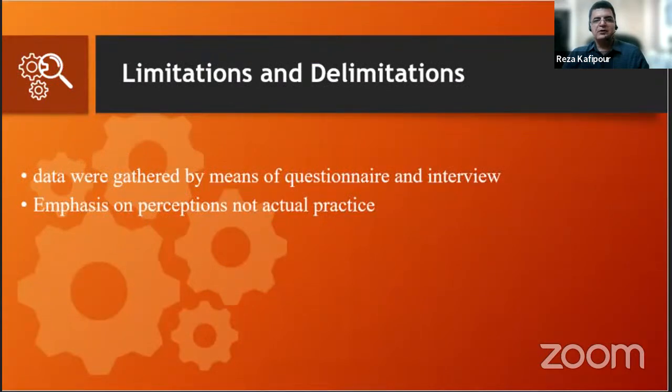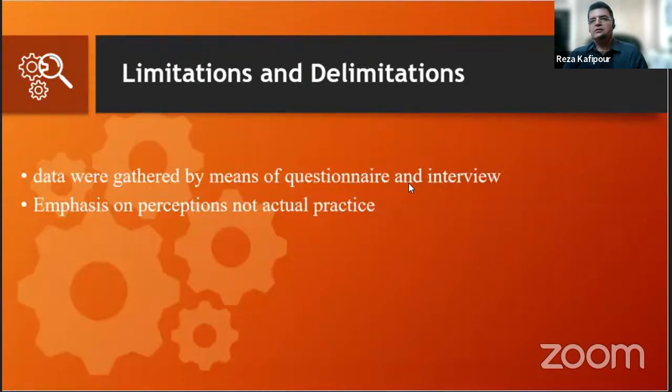So the last part of this presentation referred to the limitation and delimitation. Actually, data were gathered by means of questionnaire and interview. So if we consider other types of data collection instruments, we may have more truthful results. And the next point, we emphasize the perceptions of the teachers, not the actual practice.